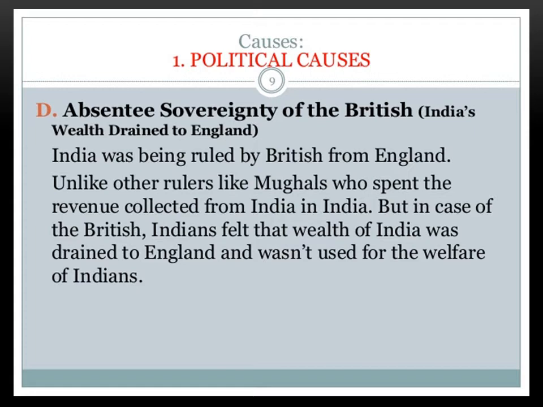So they were not spending India's wealth on India, but draining all the Indians' wealth to England. Indians felt that the wealth of India was drained to England and wasn't used for the welfare of Indians. So these were the political causes that led the Indians to a mutiny against the British rulers.